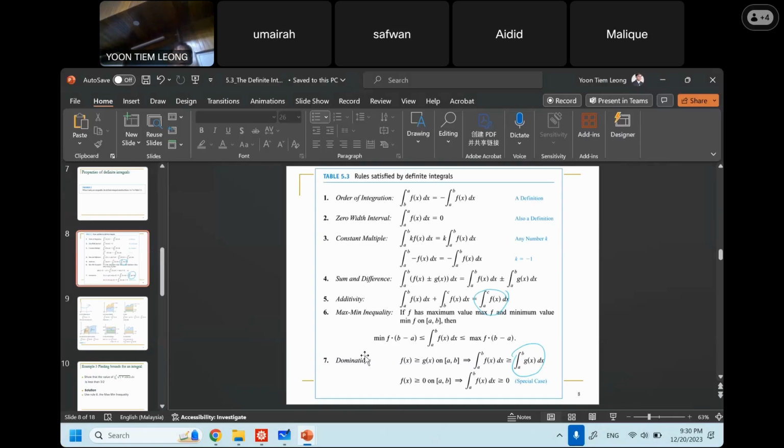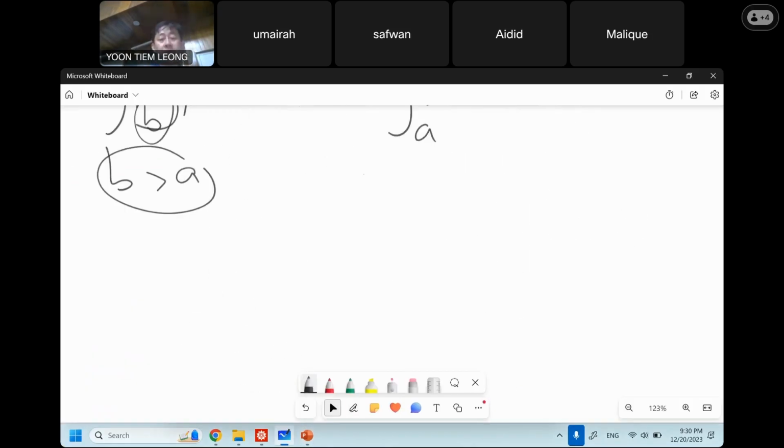But we are not going to go through the proof for each of the rules here. So you have the second rule. If the lower limit and upper limit in the definite integral are equal, that amounts to not defining any area under the curve. In order to define the area under the curve, you must always have a width which is finite.